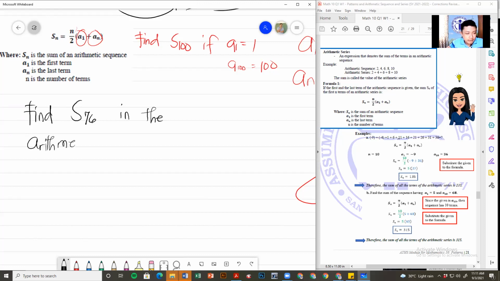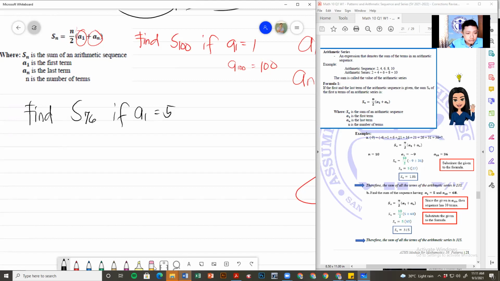Ay, wait. Bago pala to. Let me erase this. Siyempre yung basic muna. Find S sub 76 if A sub 1 is 5 and... masyado marka yung 76.